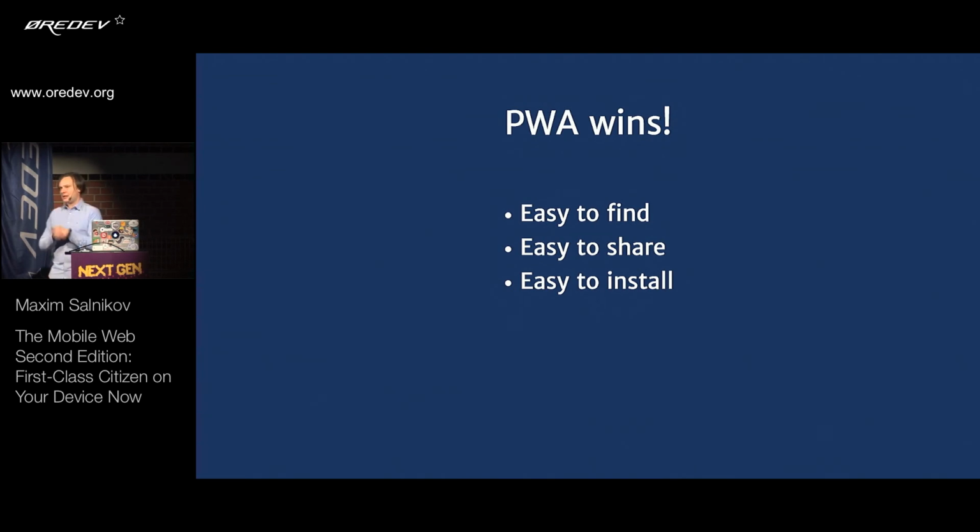Hey, dear user, if you wish to install this app for later usage. And you remember that I mentioned that progressive web app is a living standard. Some time before, this dialog could be shown only after some conditions were met, conditions that are hard for us developers to control.